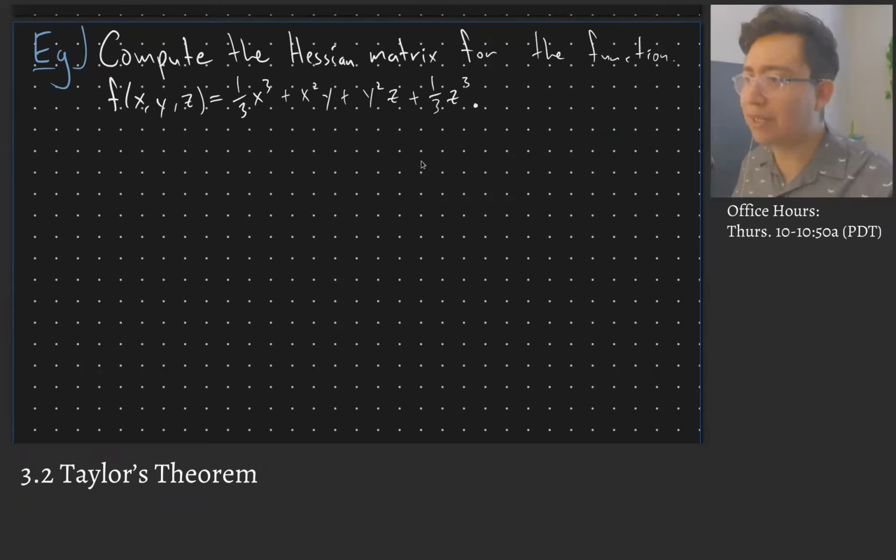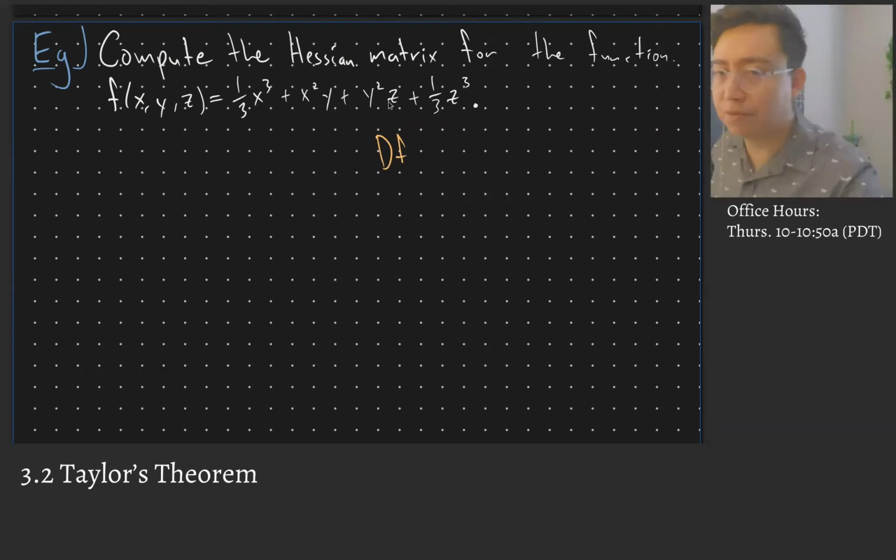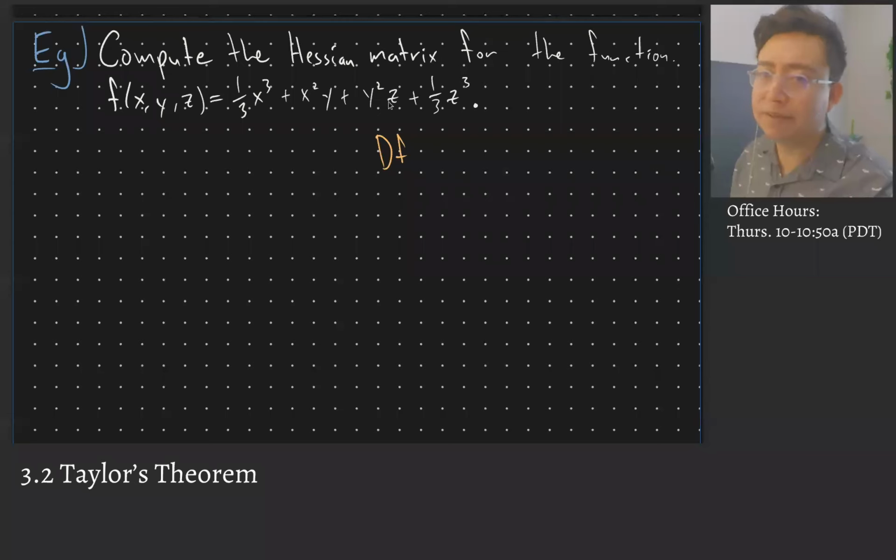I like to start by taking, just like if you were taking the second derivative of a single variable function, you'd start by taking the first derivative of that function. So let's take the first derivative of this guy. In other words, let's find the matrix of partial derivatives. In this case, remember, these are scalar valued functions. All of the functions we're looking at for this section are scalar valued.